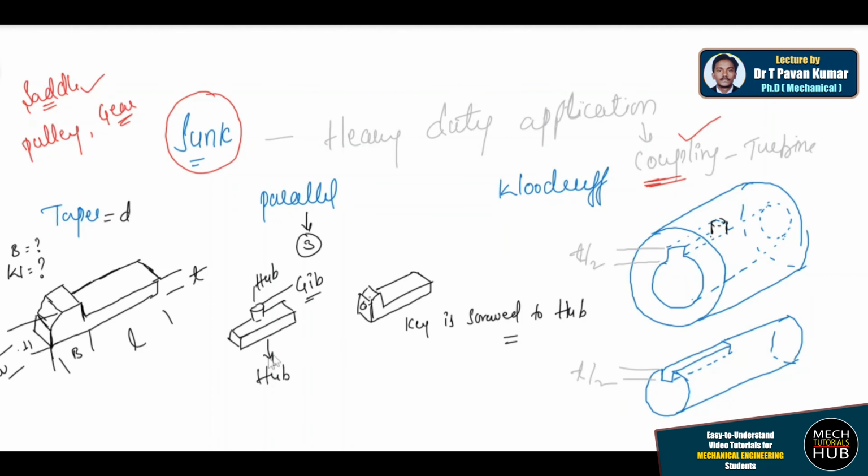So a key is placed first, then the shaft comes into the picture. Whereas in this case, which is a single headed feather key, this particular single head will come outside the hub, and through this circular hole a screw is fixed between the hub and the key.